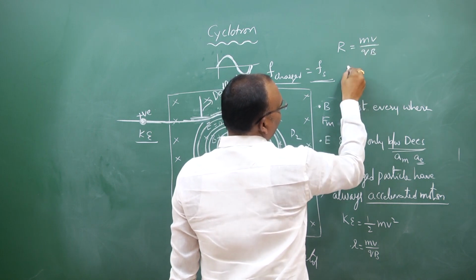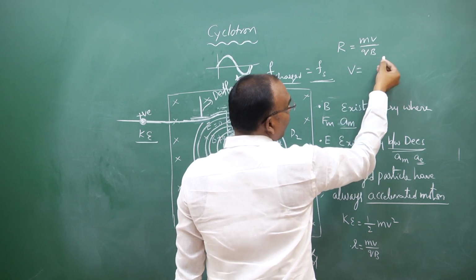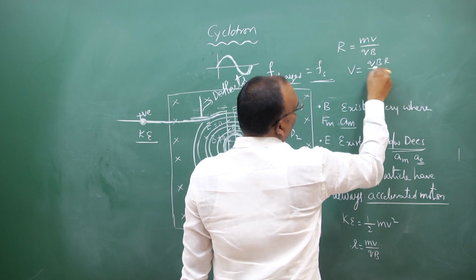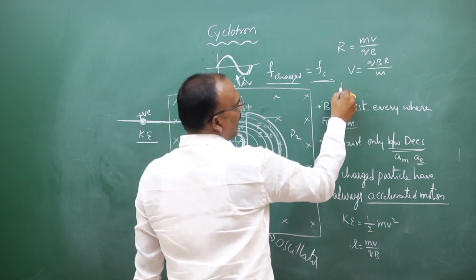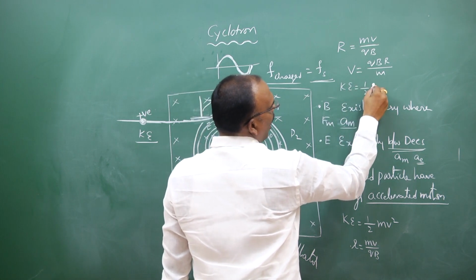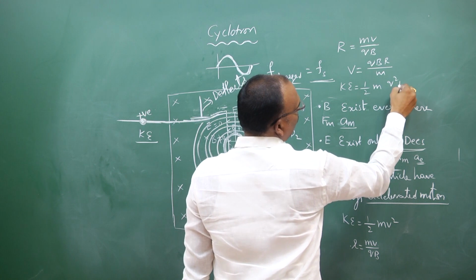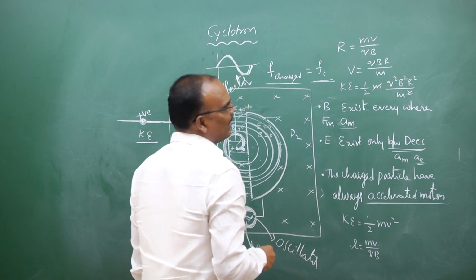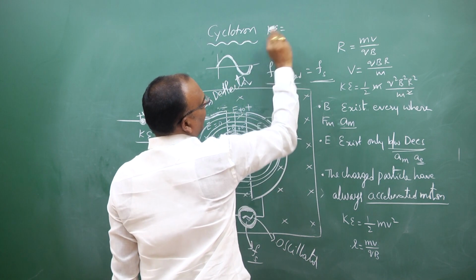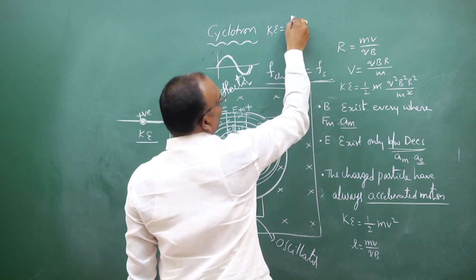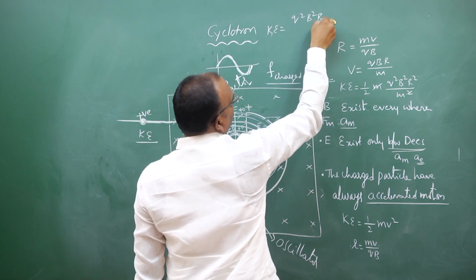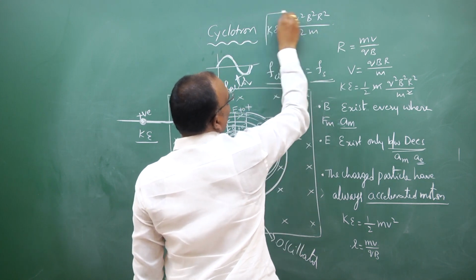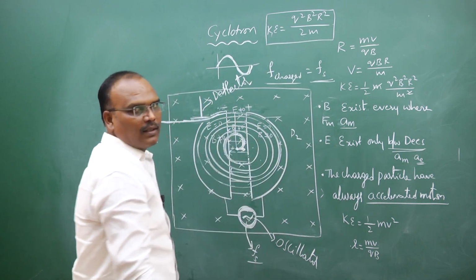And we need the velocity of the ion just before exiting the cyclotron, that is qBR/m. Okay, so kinetic energy KE is equal to half mv square, that is q²B²R²/m² times m; mass cancels. So the kinetic energy of the ejected ion is KE = q²B²R²/2m. With this energy, it is going to come out.